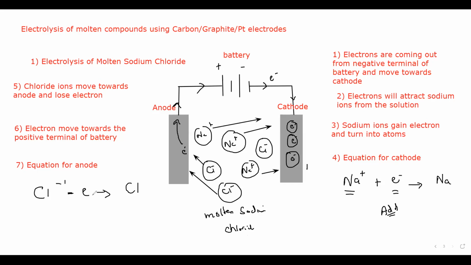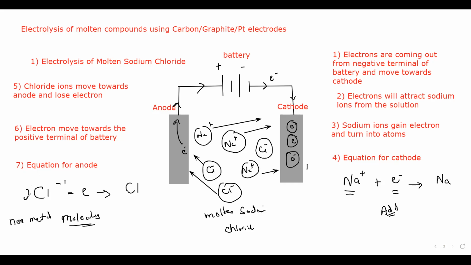So chloride ion changes into chlorine atom. Now, because these are non-metals, and if you remember, I told you how non-metals exist: metals exist as atoms and non-metals exist as molecules. This is the equation for formation of a chlorine atom. But how are chlorine molecules formed?